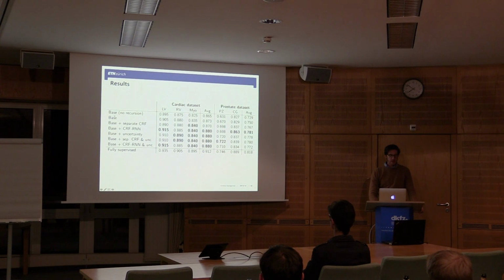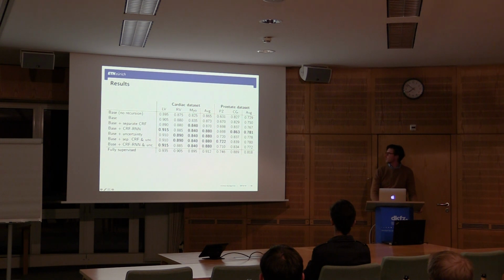Okay, so here are the quantitative results. First of all, if you just train a network one single time on these random walked scribbles, you get a sort of lower baseline. Including this what we call recursion, this retraining and retraining, we get a little boost in the average DICE score of these two data sets.